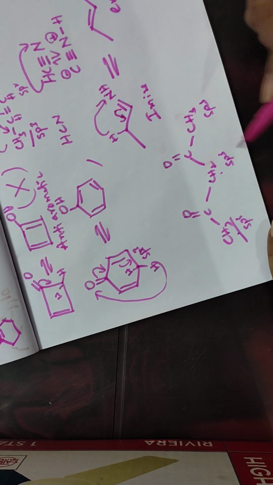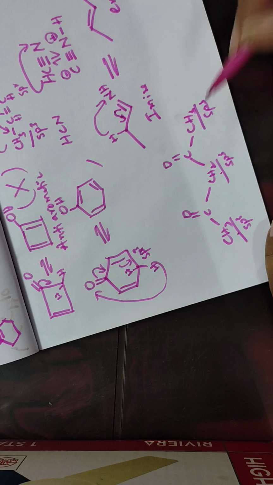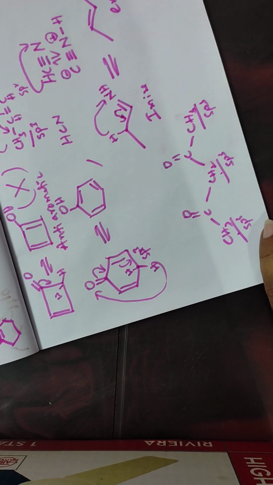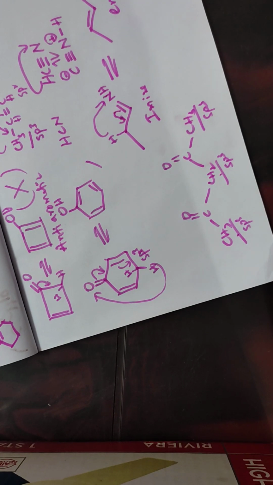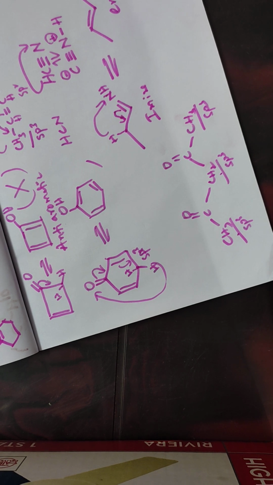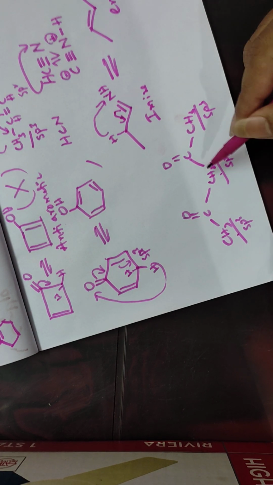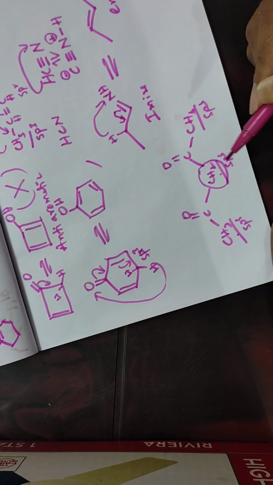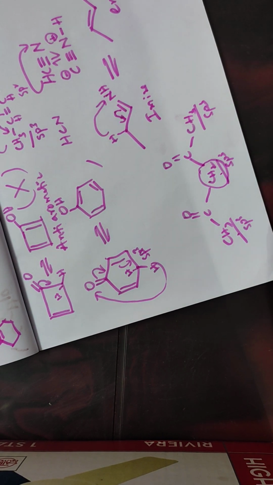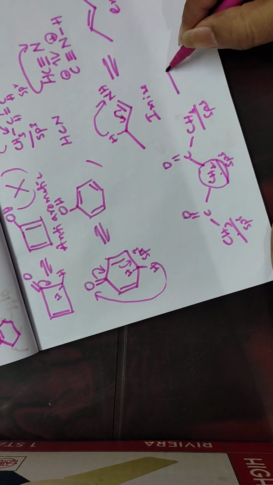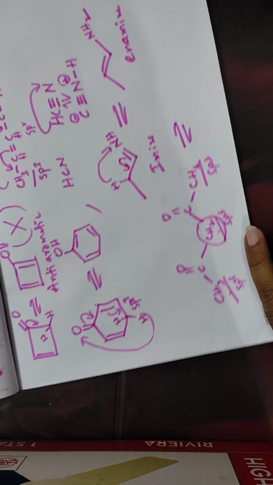It has alpha hydrogens. Here also alpha hydrogen, because of these two functional groups. So for tautomerism, which proton transfers to oxygen? That we have to find. This group is called a methylene group. This is a more active methylene group because of these two functional groups.